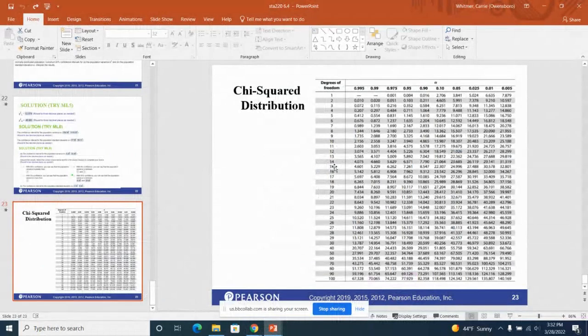So there's 15. 0.95 is 7.261, and then 0.05 at 15 is 24.996. So that one is going to be the right one, and this one is going to be the left one.